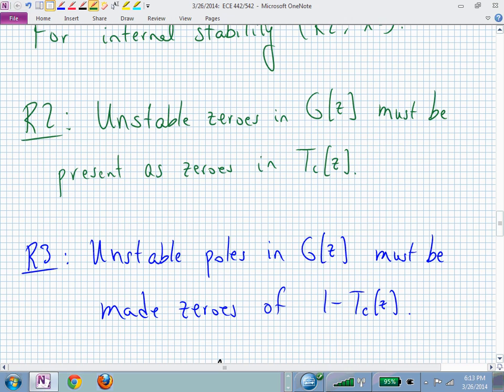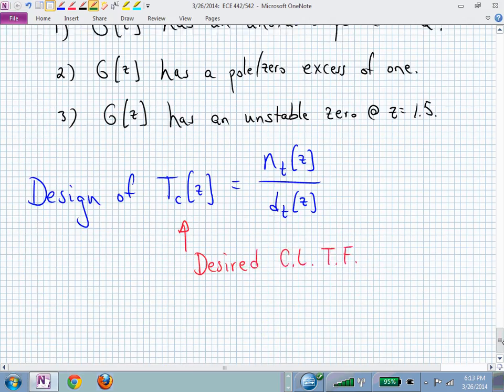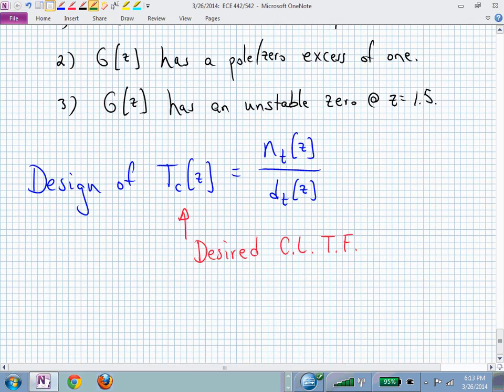So we know at least some of n sub t of z already. We know it has to have one factor, z minus 1.5. That was the unstable piece of our numerator in g of z.